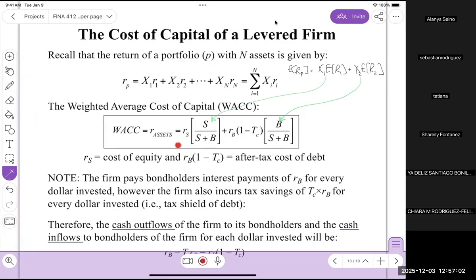And here is the return to stockholders. This is the return to bonds. So at the same time, this is the return to stockholder. This is what gets paid for every dollar invested. This is what the firm owes the stockholder, expected to owe them. And this is the interest payment that is owed to bondholders.